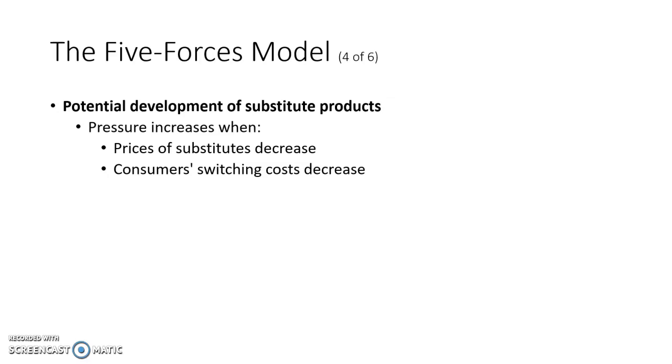So to switch to a different product or service that's similar, if their prices are lower, that might make the potential development of substitute products high. Or if consumer switching costs decrease, so it's relatively easy to switch between brands or products or services, then that force is higher.